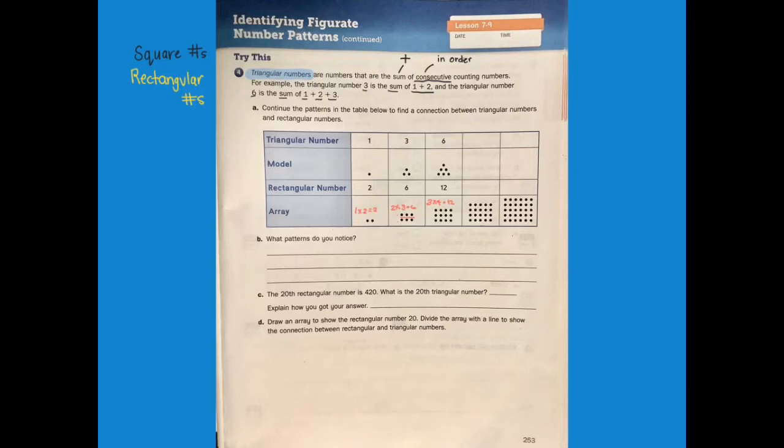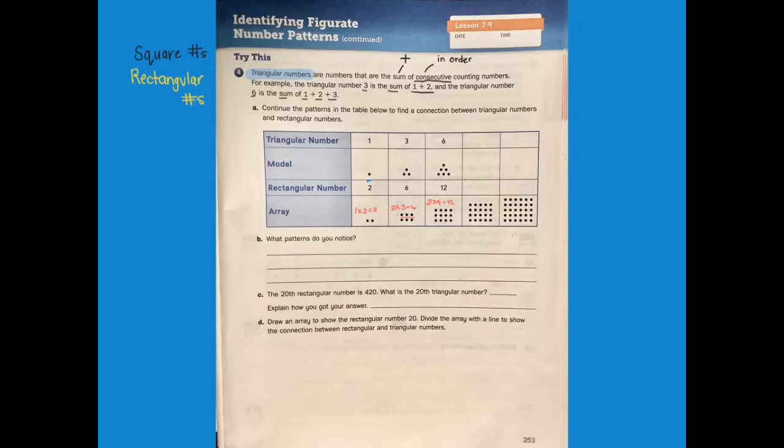All right, did you find some good stuff? Great. I'll show you what I noticed in these triangular numbers. Well, I know that it has to be the sum of consecutive counting numbers. So I wanted to see if I could find those consecutive counting numbers in my triangle picture model. It's kind of hard to find anything in the first one, so I moved to the second triangular number, 3.